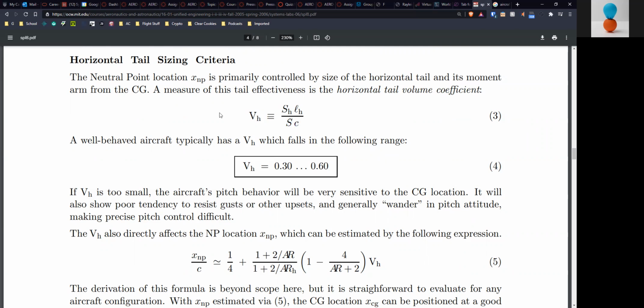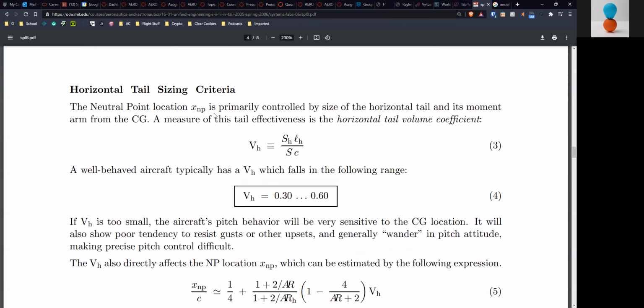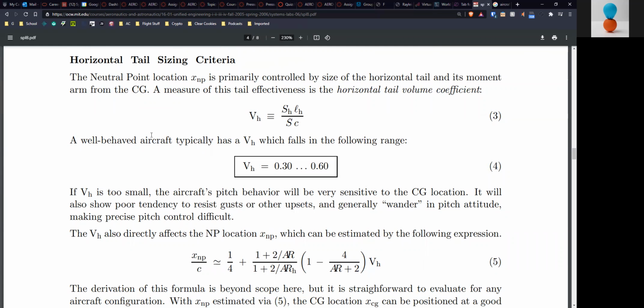And then that formula is V_H, which is the horizontal tail volume coefficient. It's a coefficient, so it doesn't have units, but basically you can think of it as the overall size of the tail.